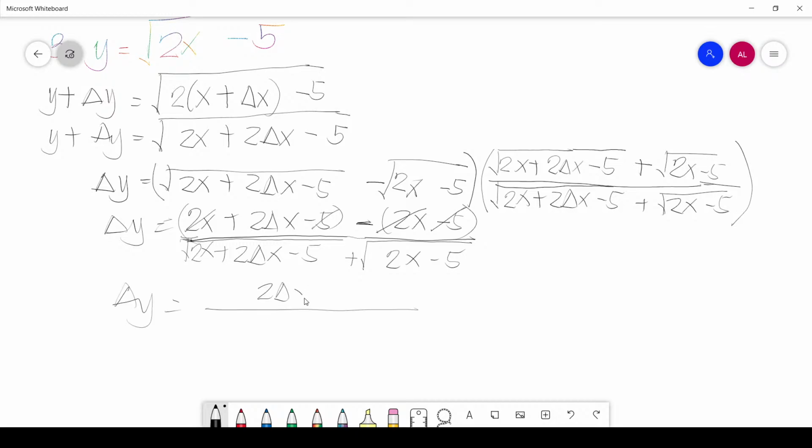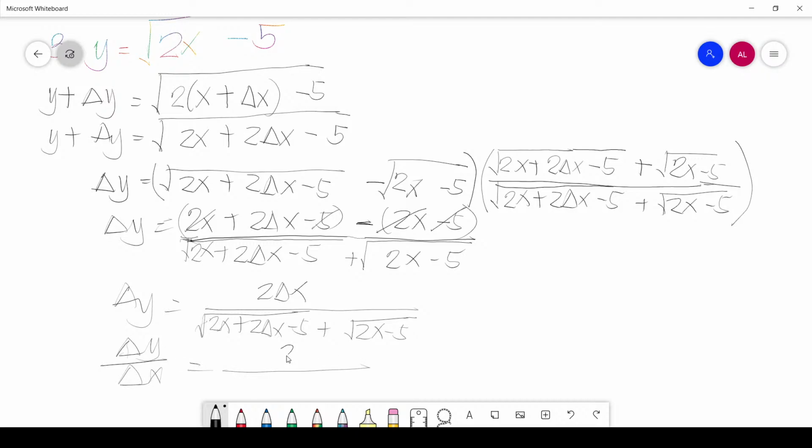So, 2 delta x over the square root of 2x plus 2 delta x minus 5 plus the square root of 2x minus 5. Again, we divide it by delta x.